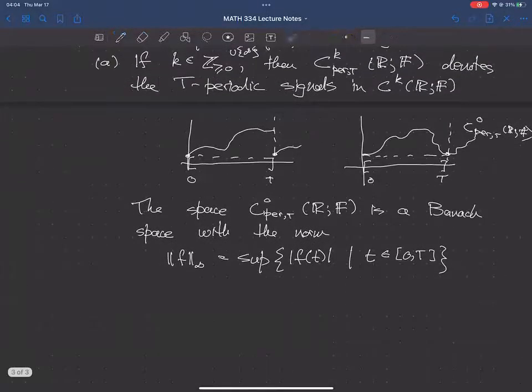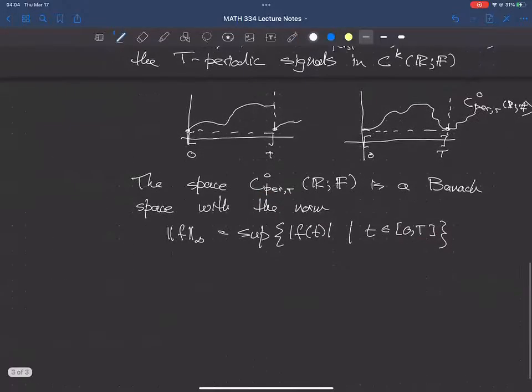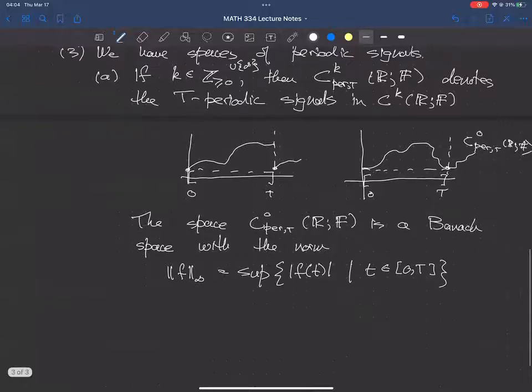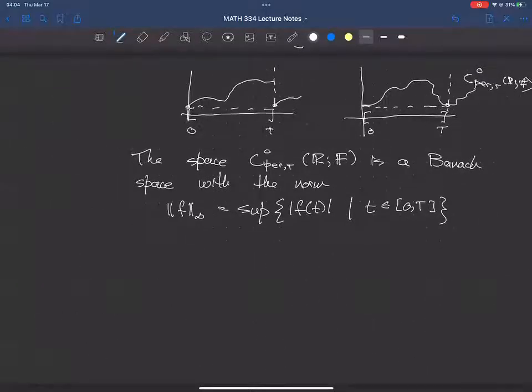And the proof of this is, we've already seen that if you take something that's in C0 on this compact interval, then if you take a Cauchy sequence in there, it will converge to something in C0, and so the only thing you need to verify is the periodicity of the limit of the Cauchy sequence, but that's easy. So that's spaces that are regular, continuous, or of some higher order differentiability.